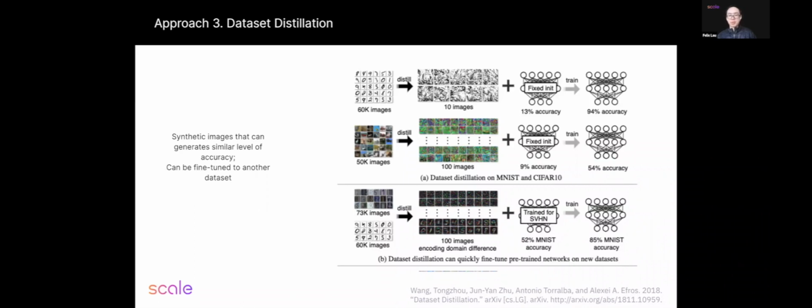This approach can be used to quickly fine-tune a pre-trained model on another dataset, such as taking a pre-trained SVHN model and fine-tuning it on MNIST. This approach is useful when there are dataset privacy constraints where we cannot store the original data. Generating the synthetic examples will allow us to train a new model despite not having access to the original datasets.